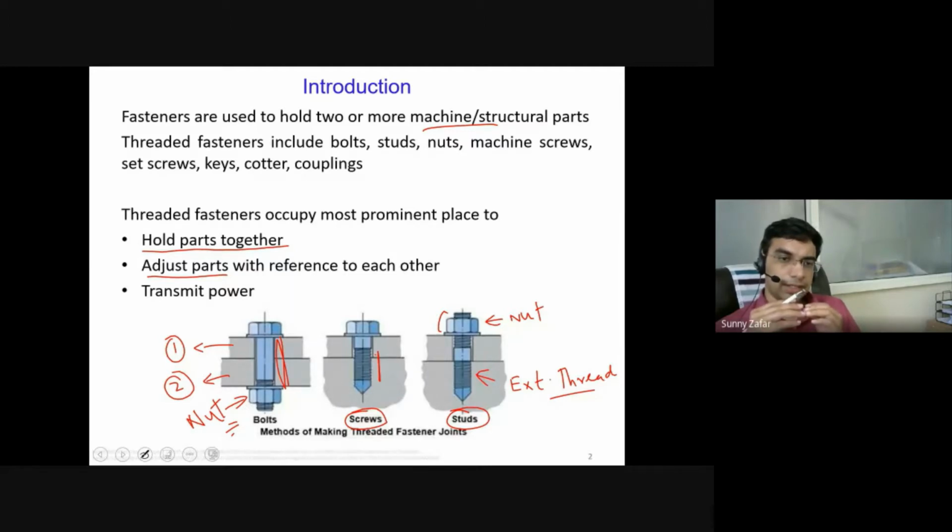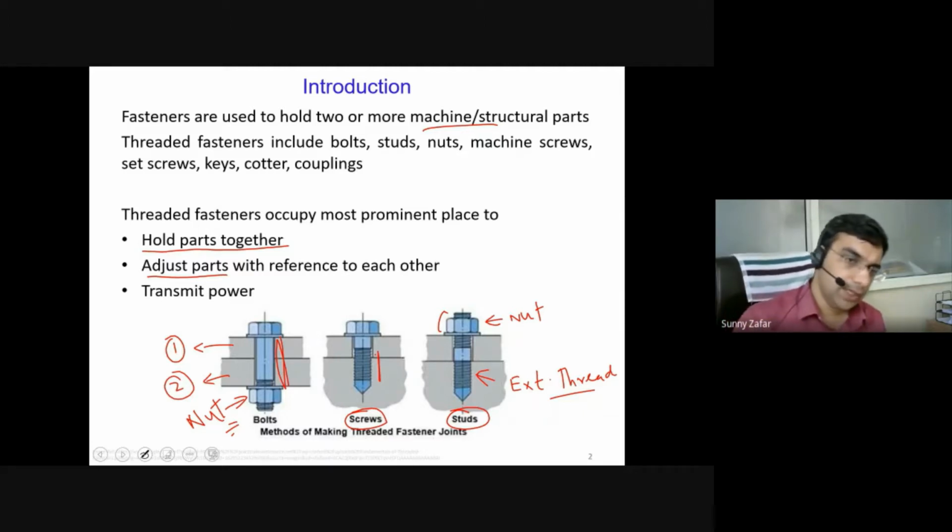When we have to adjust two parts, such as we want to bring perfect alignment, or we want to set a particular part perfectly on a leveled surface, in that type of scenario again threaded fasteners are used, as these can be easily loosened or tightened up.